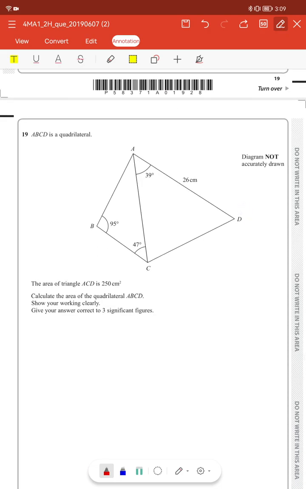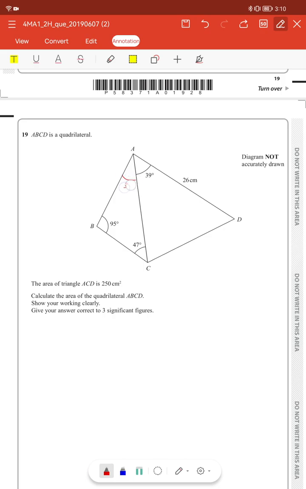ABCD is a quadrilateral. The area of the triangle ACD is 250 centimeters squared. Calculate the area of the quadrilateral ABCD. Show your working clearly. Now, in order to find this, what we know is the missing angle in the triangle ABC would be 38.